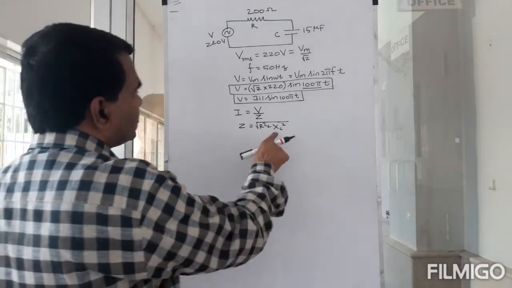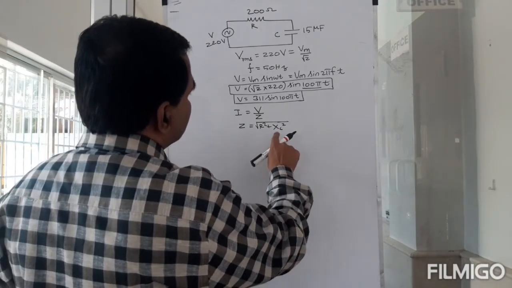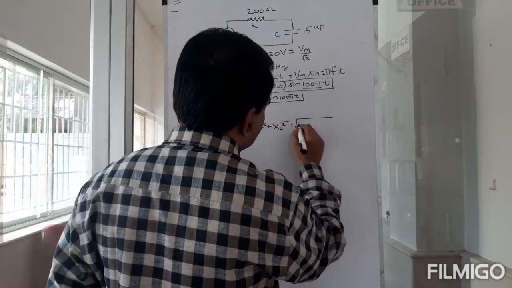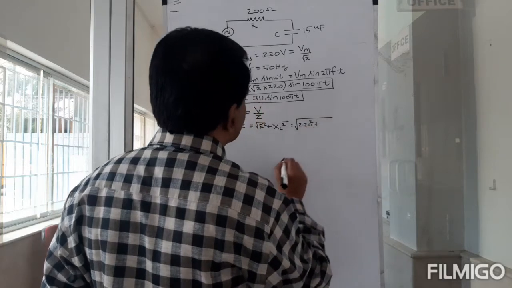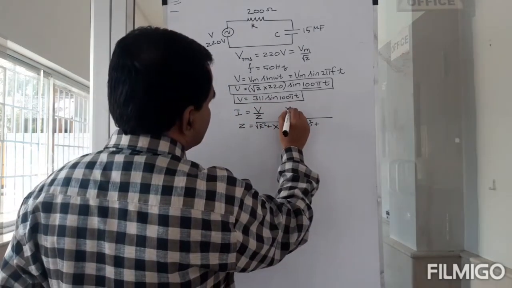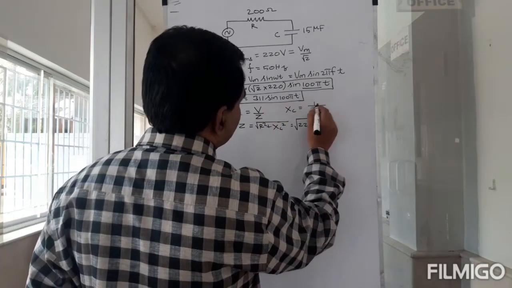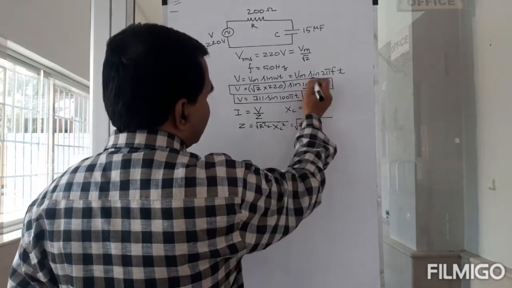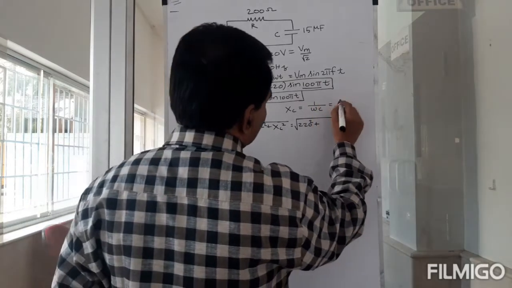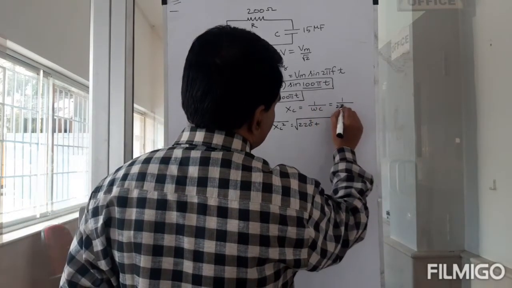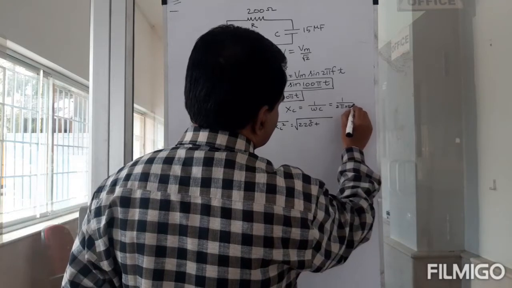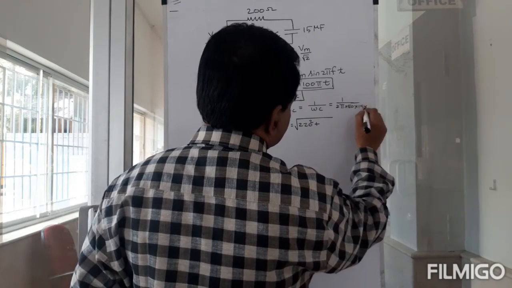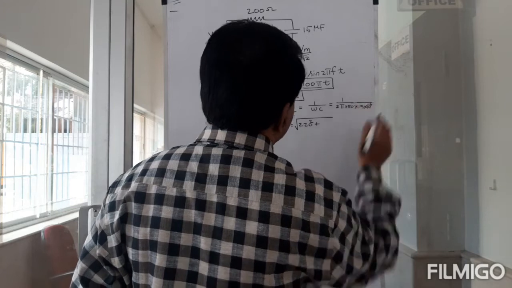Let's see what we get. R is 200, so 200 squared plus XC squared. What is XC? XC is equal to 1 by omega C. Omega is 100 pi, or 2 pi f, so 1 by 2 into pi into 50 into 15 times 10 to the power minus 6 farads, which is in ohms.